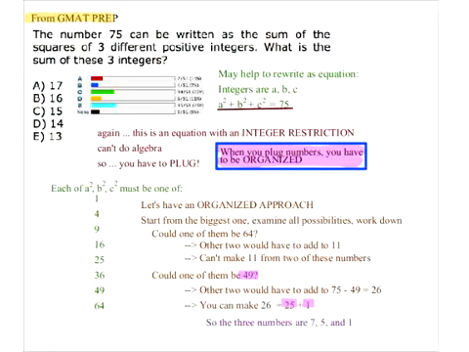So there you go. Notice that you've got three different numbers here, so if you use any sort of organized approach, the chance that you're going to find this is pretty high. If you work from the bottom up instead of the top down, you'd get it.